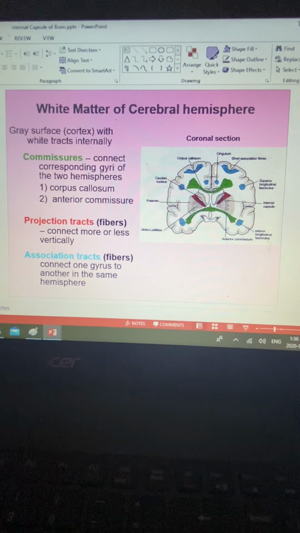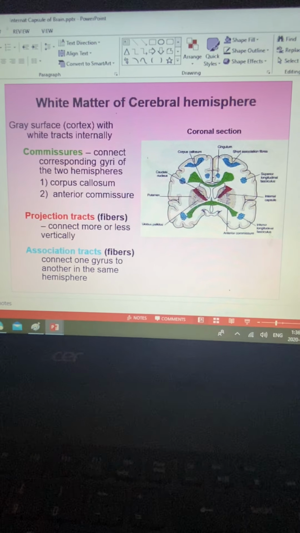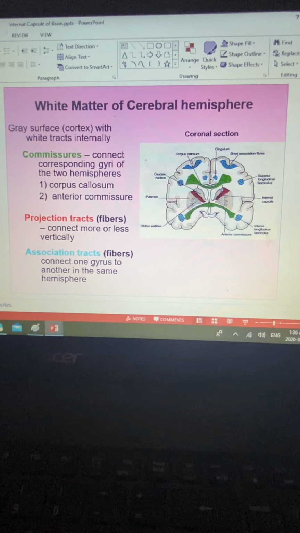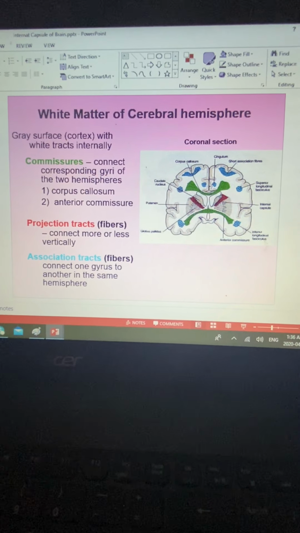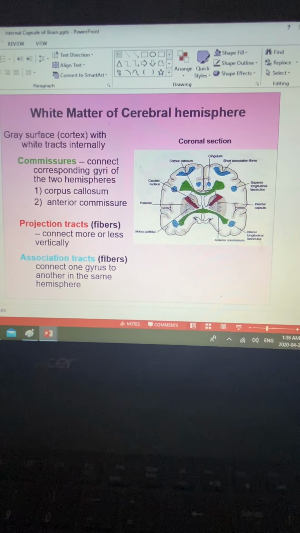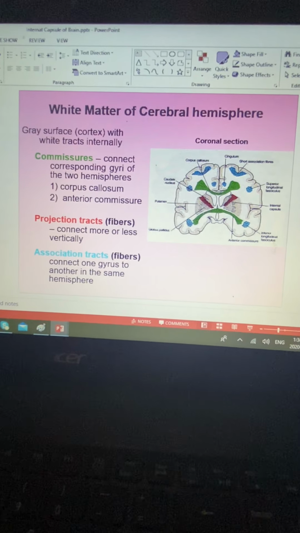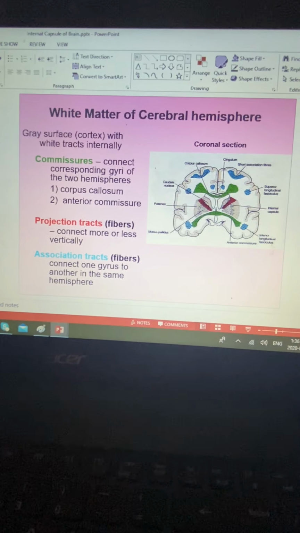Then we have the anterior commissure, posterior commissure, habenular commissure, and the fornix. Then you have the projection fibers or tracts, which connect more or less vertically. Then we have the association fibers that connect one gyrus to another, but in the same hemisphere.